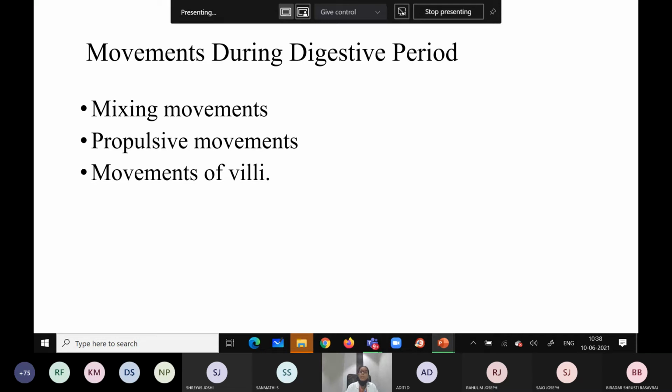Now movements during digestive period: they are the mixing movement, that is segmentation movement, propulsive movements, those are the peristaltic movements, and movements of villi. Okay, so these are the movements which occur during digestive phase of our GI tract, that is mixing movement, propulsive movements and movements of villi.